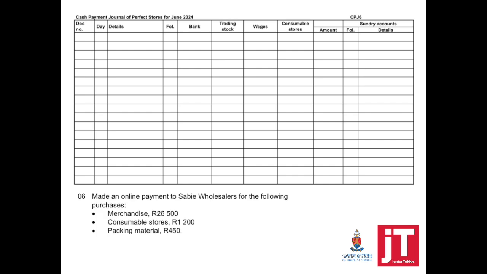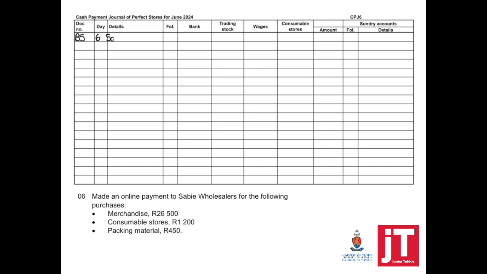Cash payment journal. Day 6. Made an online payment to Sabie wholesalers for the following purchases: merchandise, consumable stores, and packing material. So these are not 3 different types of transaction or 3 different payments to different suppliers or people. This is one payment made buying different items from Sabie wholesalers.